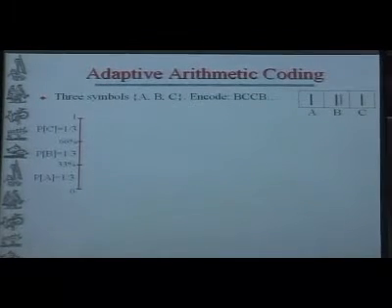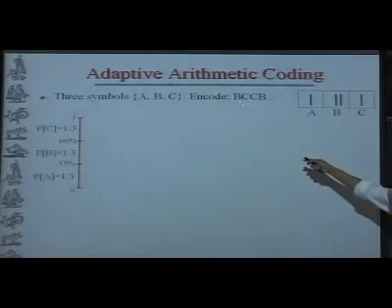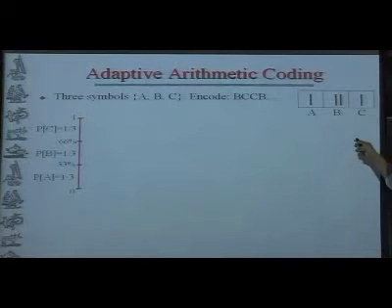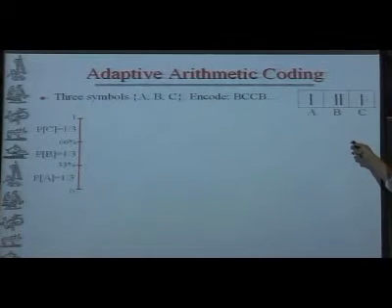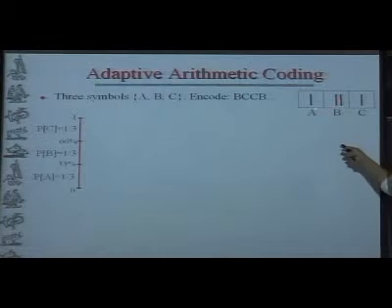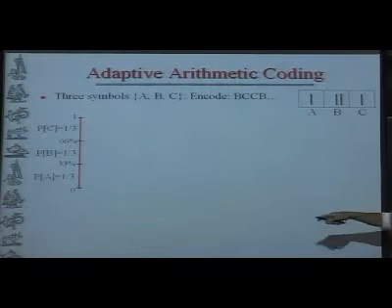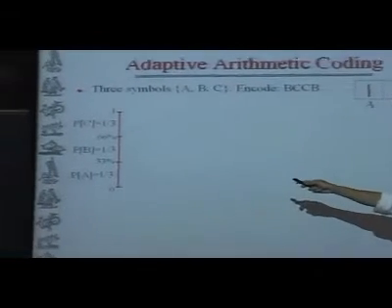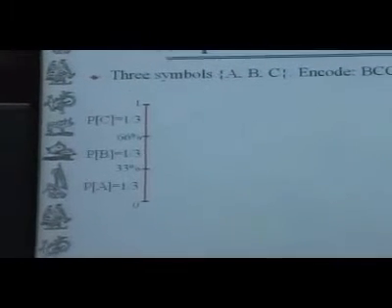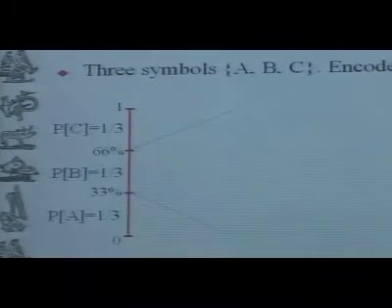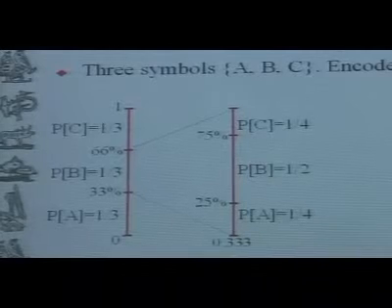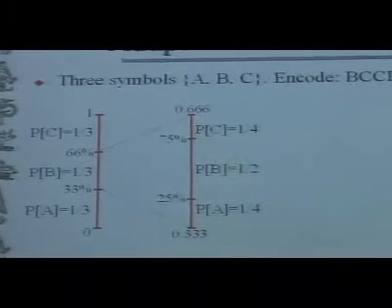Okay. So then suppose that B comes, right? If B comes, I'm going to have to update my table, right? So now B has 2 bars, and A has 1, and C has 1. So first I'm going to blow up this interval in the middle. The interval in the middle will be 0.33 to 0.666, right?